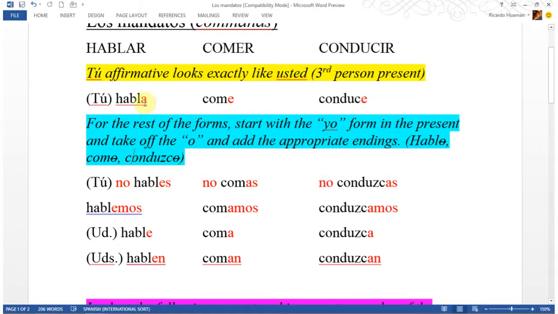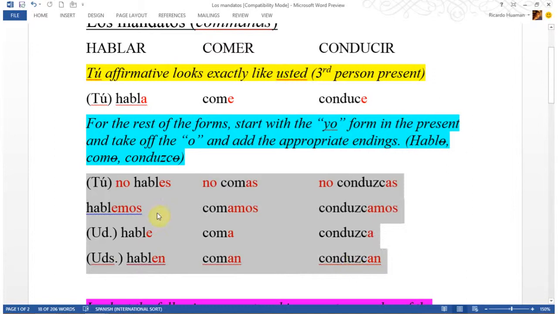Notice up here there is no S. No S, the outlier. This is weird, and it's A, E, E. But over here, notice that all these other verb forms follow a different pattern. E, A.